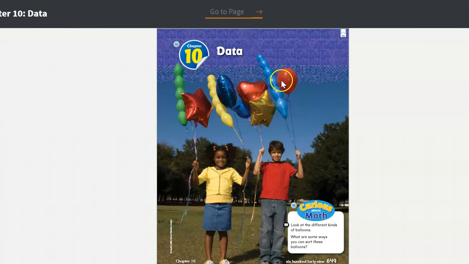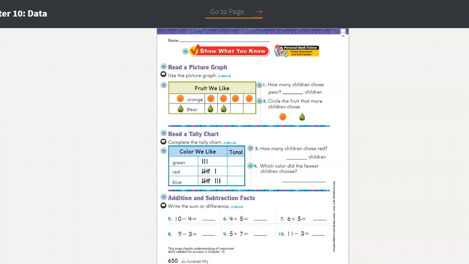So we could put all the red balloons together, all of the blue balloons together, all of the yellow, and then green. Or we could sort them by shapes. Long ones versus hearts and stars versus traditional. So we've got all kinds of ideas we could use here for our data collection, right? All right, well, let's move on to the next page.